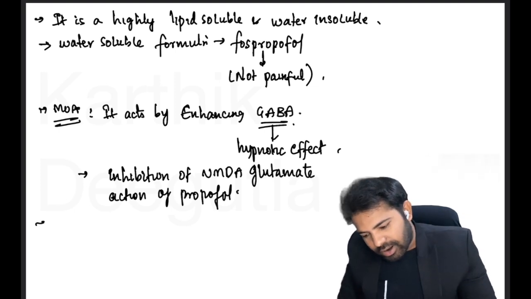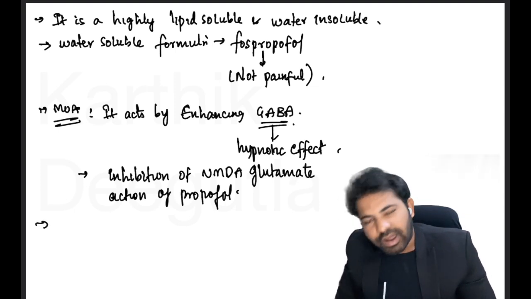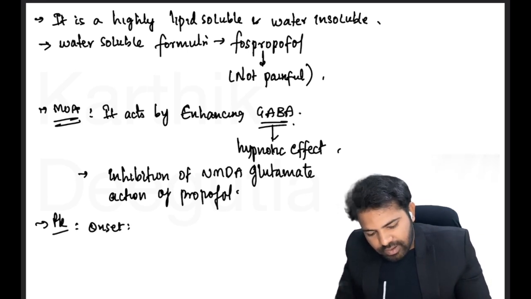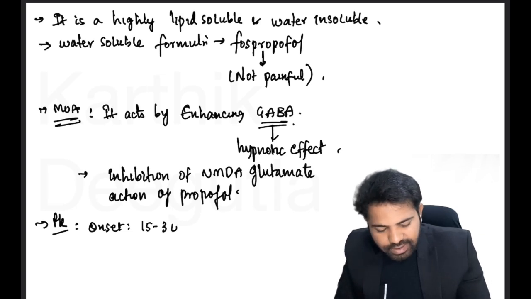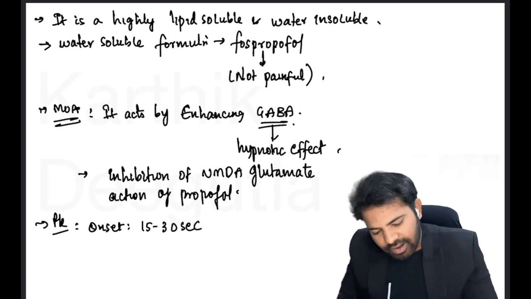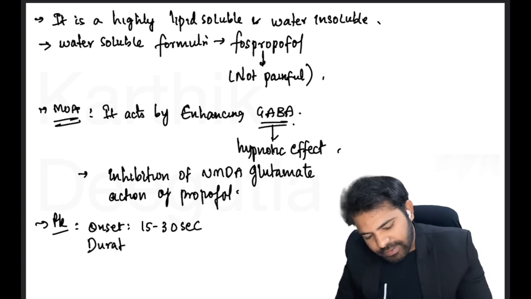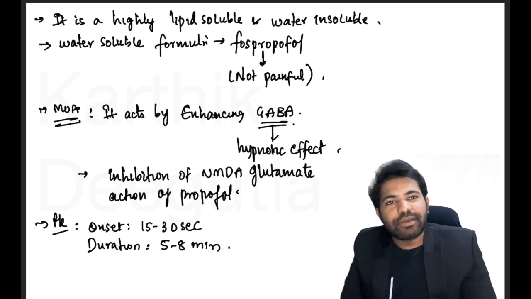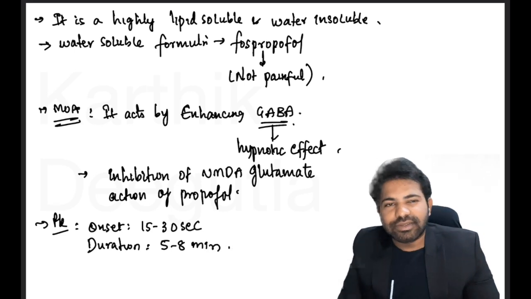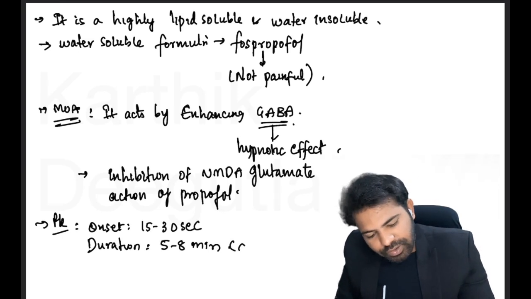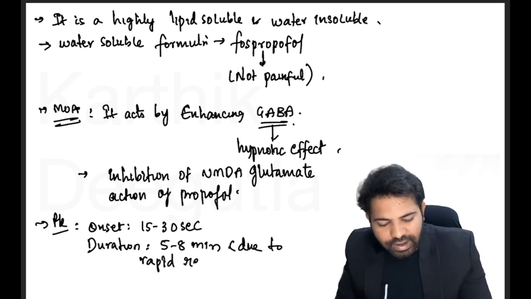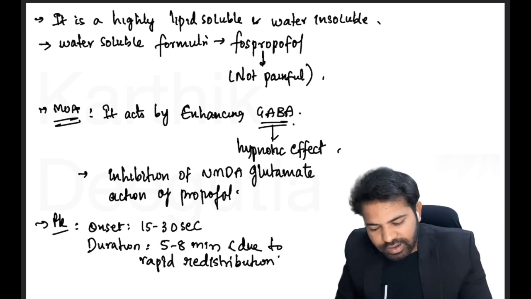Alright. Now what are the pharmacokinetics of propofol? Onset of action is about 15 to 30 seconds. Then what about duration? It is about 5 to 8 minutes. Why so less duration? This is due to rapid redistribution of the drug.